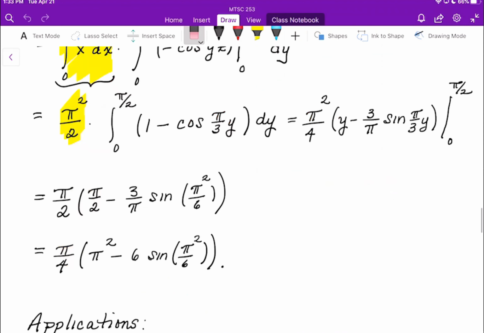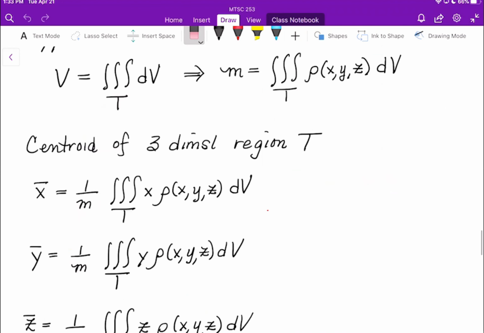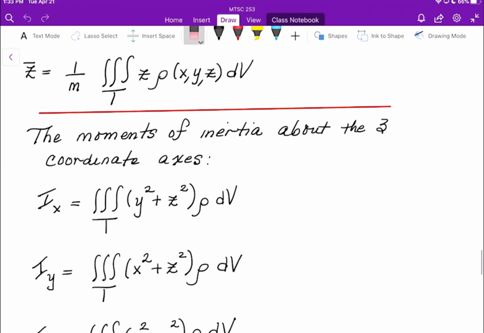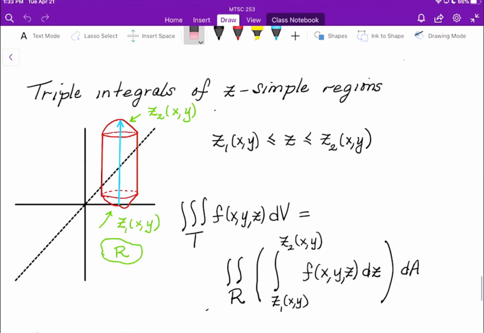We computed that integral and we went on to applications, finding the centroid of three-dimensional regions, talked about moments of inertia that you can actually compute. And then we started looking at whether or not an integral is z simple, y simple, or x simple. So I want to do a couple of examples.